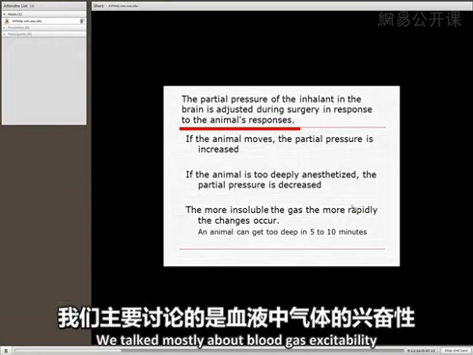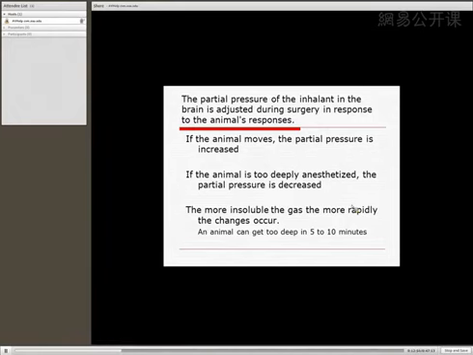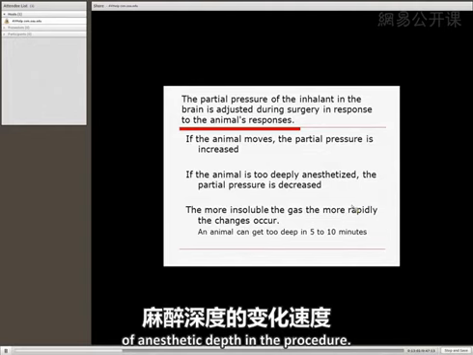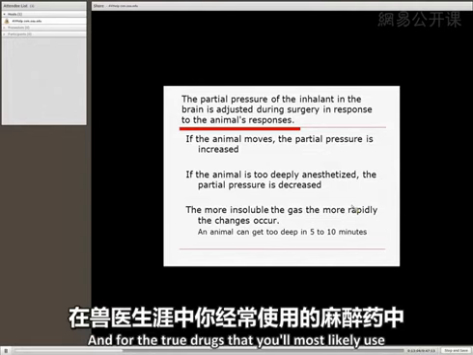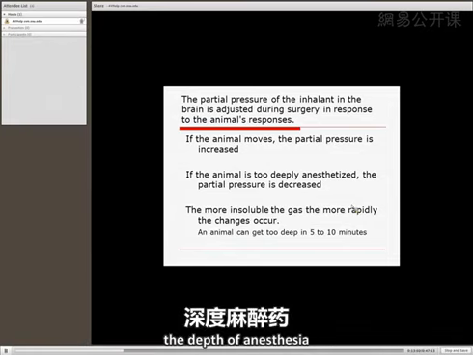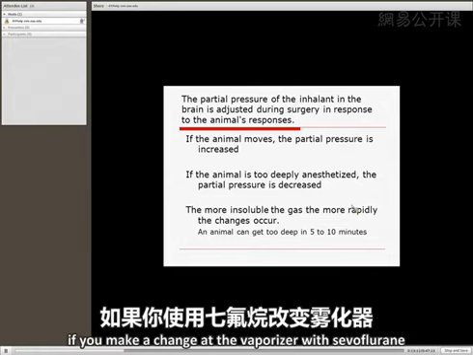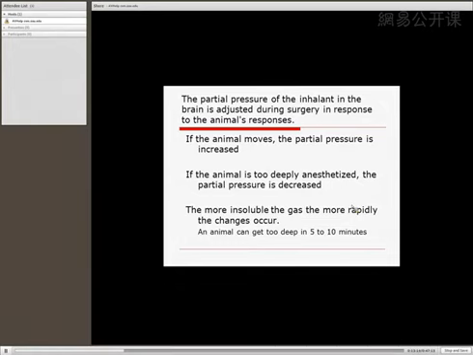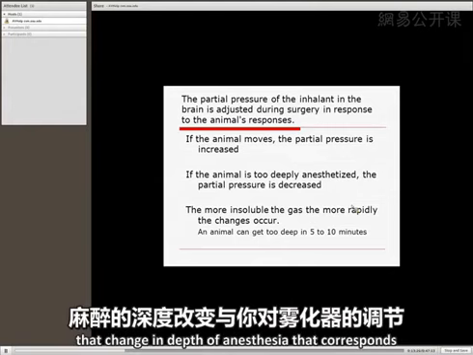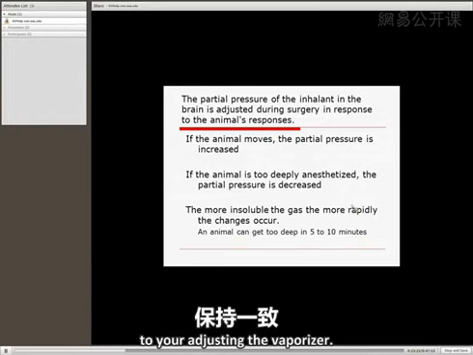We talked mostly about blood gas solubility and the rapidity of induction and recovery, but there's also a rapidity of changing anesthetic depth in the middle of the procedure. For the drugs you'll most likely use during your veterinary career, with sevoflurane, if you make a change at the vaporizer, the depth of anesthesia changes more rapidly than it does with isoflurane.